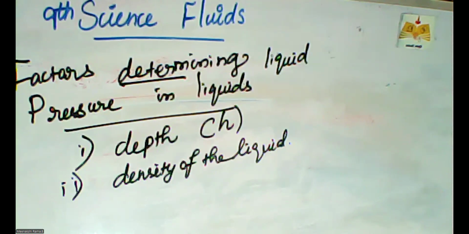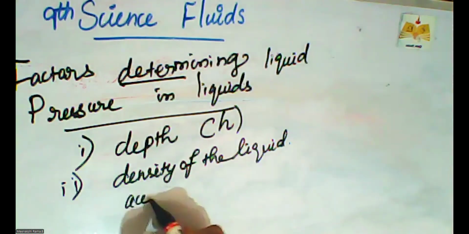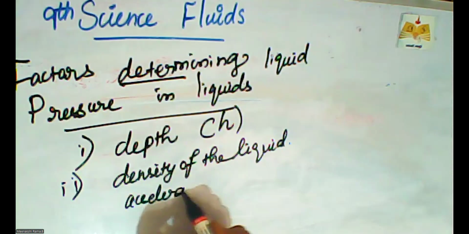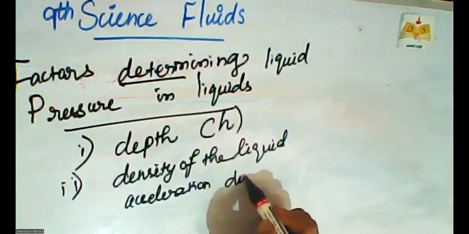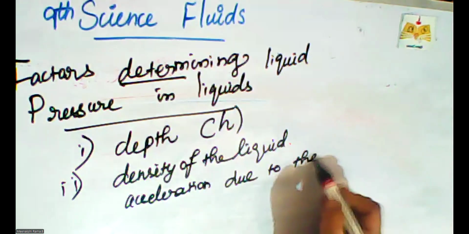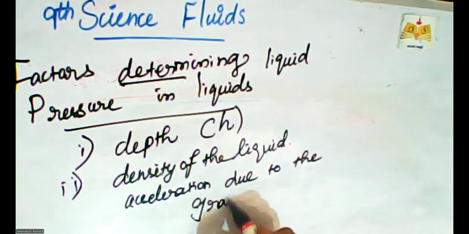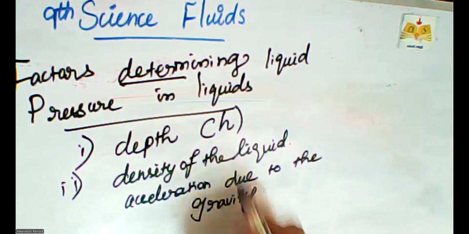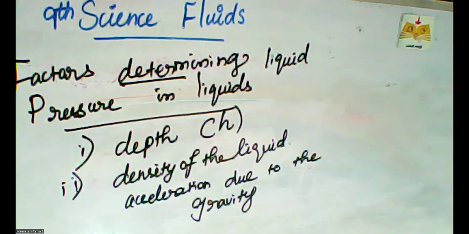The third one is acceleration due to gravity. So this is the third factor that determines the pressure in a liquid.